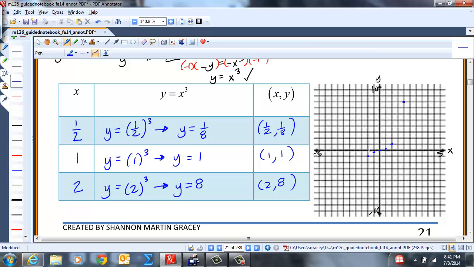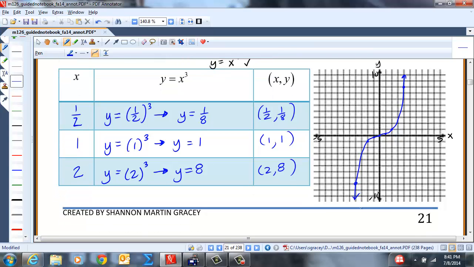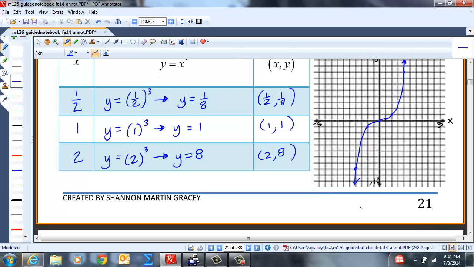So we'll have -2, -8 on the graph. And that's our picture using symmetry. So you're learning more tools now. You're going to learn even more tools when you're in calculus for curve sketching. But this is a preview for you.